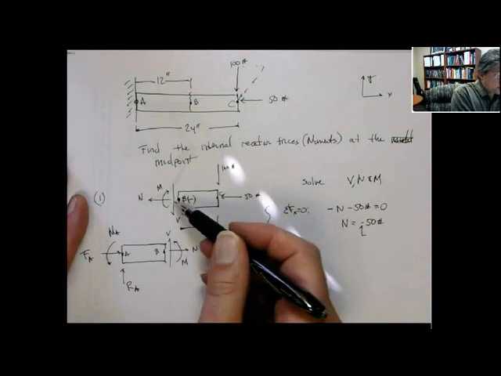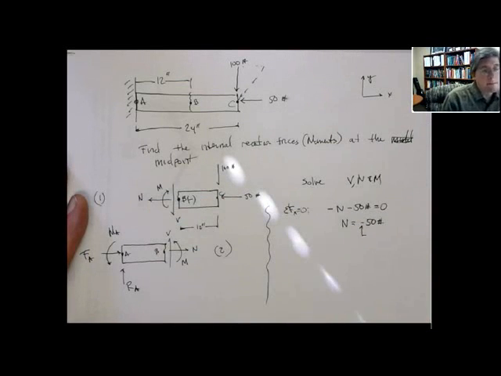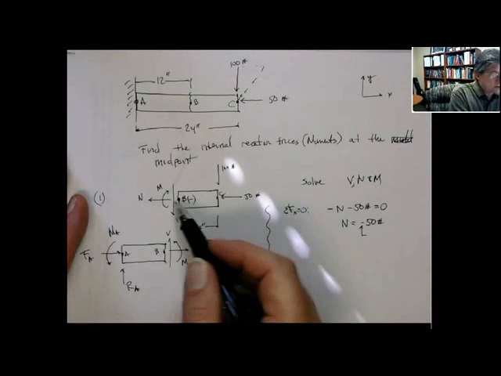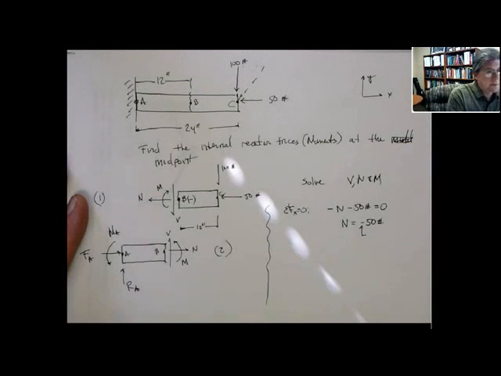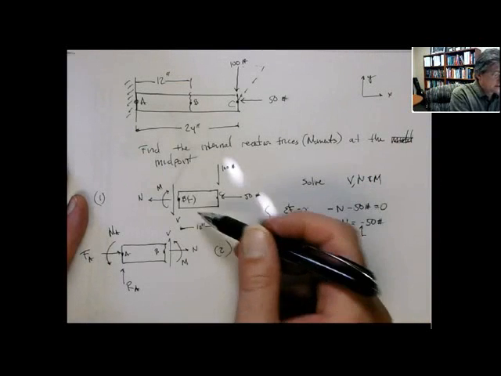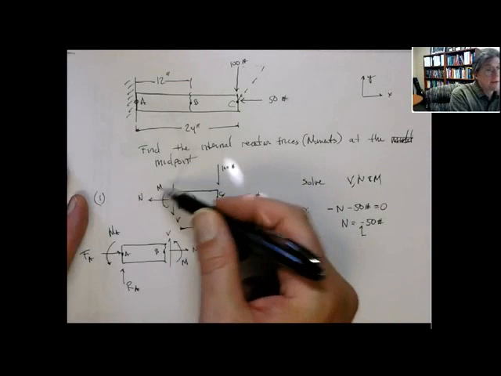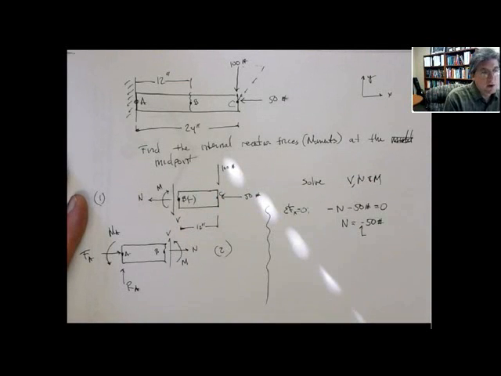The outward normal in this direction is in the minus x direction. So I call that a minus face. And when it's a negative outward normal face, I flip the signs in a sense. So you see the normal points outward positive, right? That's the negative x direction. The V goes in the negative y direction. And the moment is about the negative z direction. So I do all the signs negative.